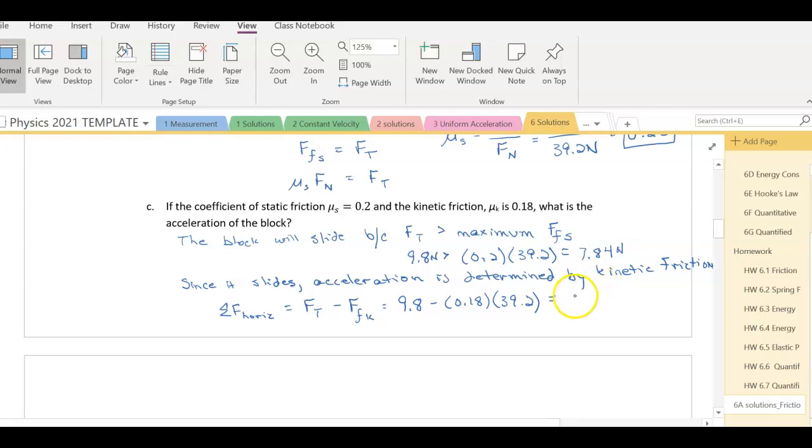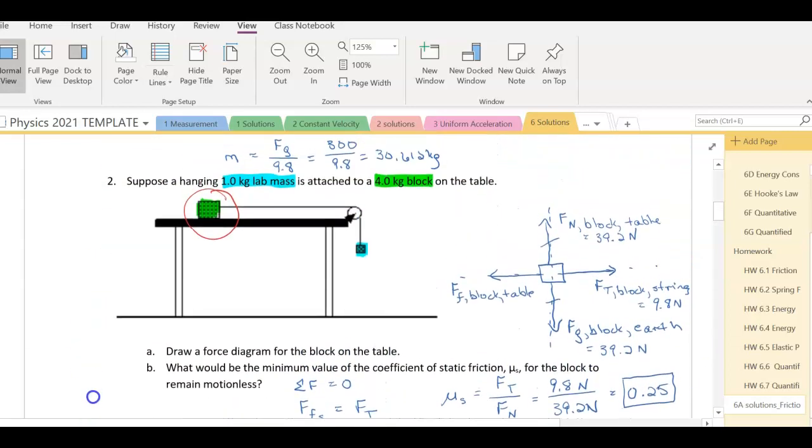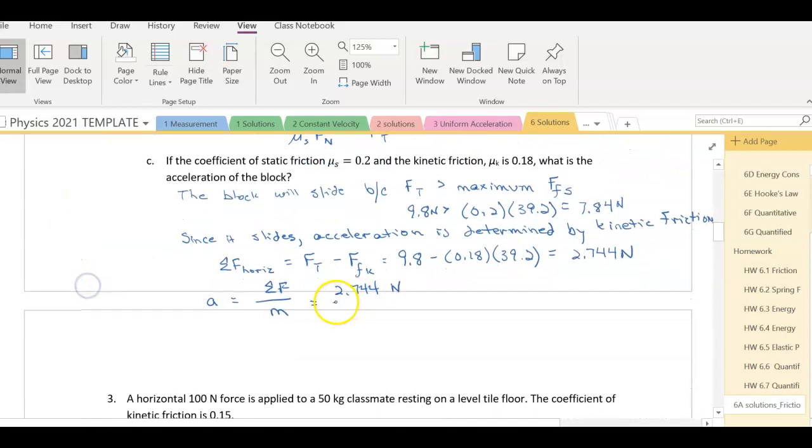So the net force will be 2.744 newtons, and the acceleration will be the net force divided by the mass. I believe that mass was 4 kilograms. Yes, it's a 4 kilogram block.